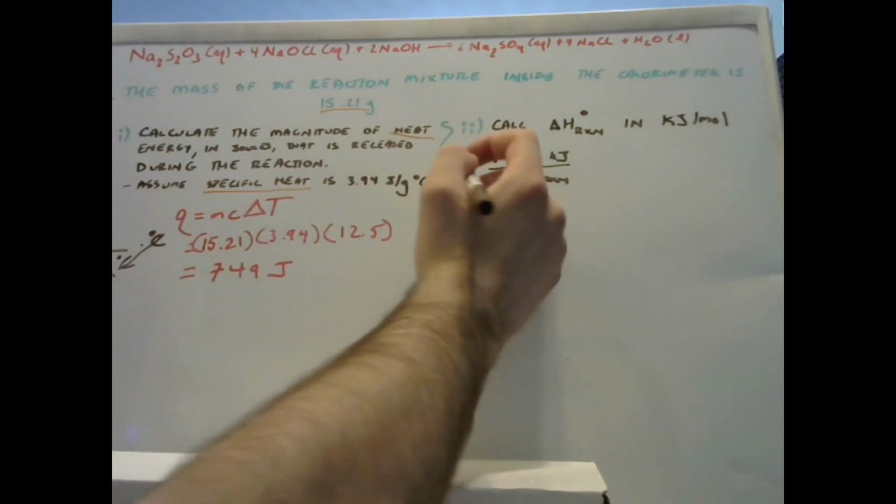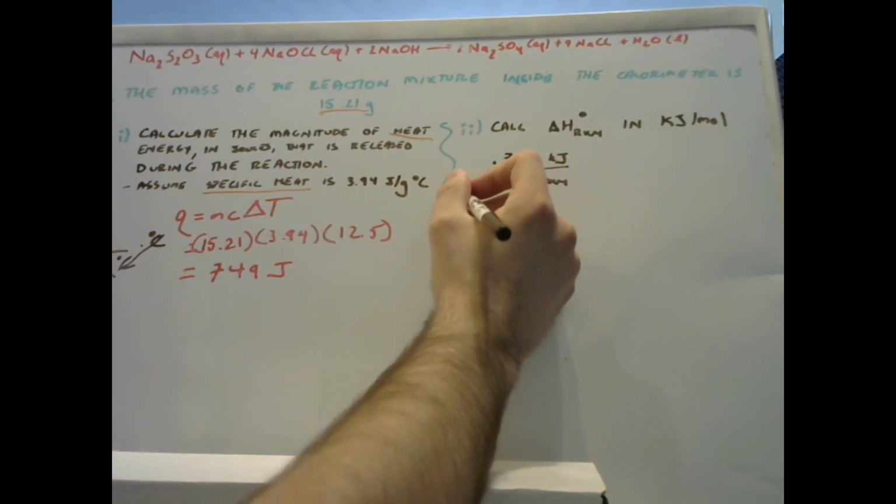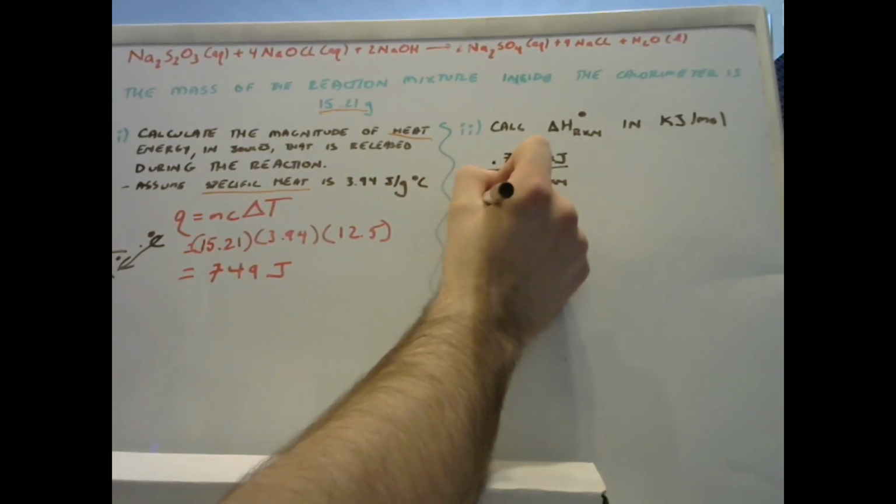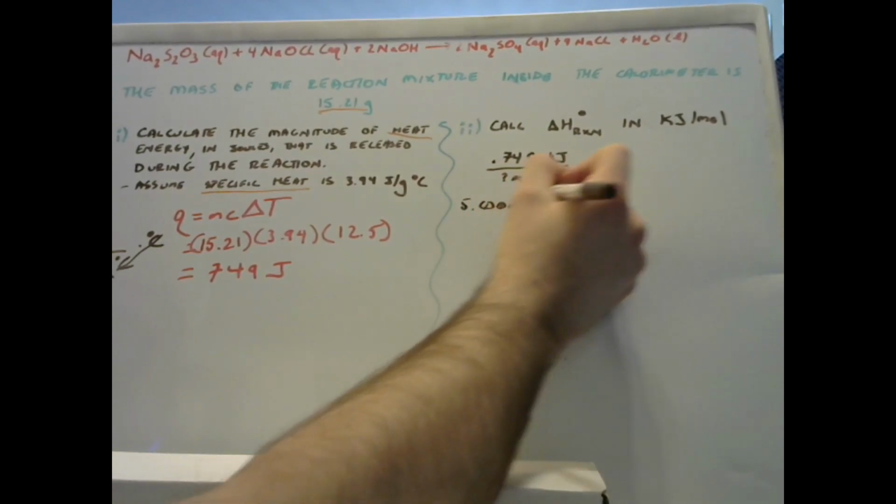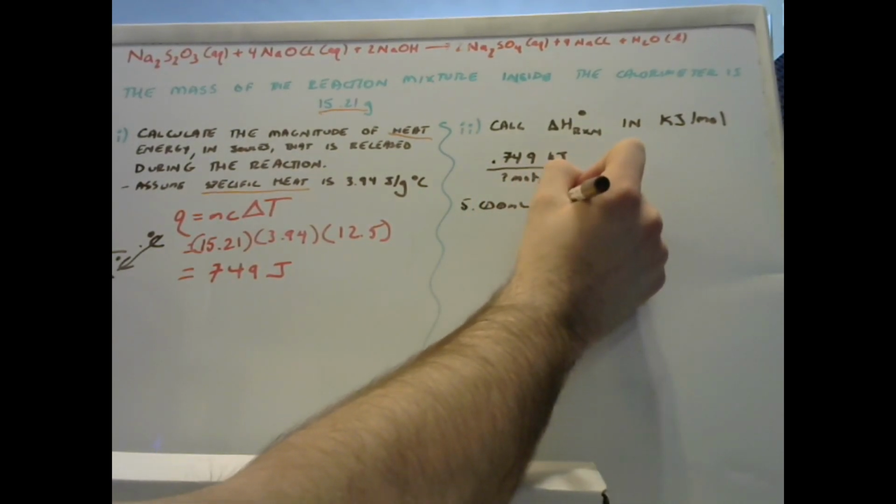So, in this case, we had 5 milliliters of sodium hypochlorite.